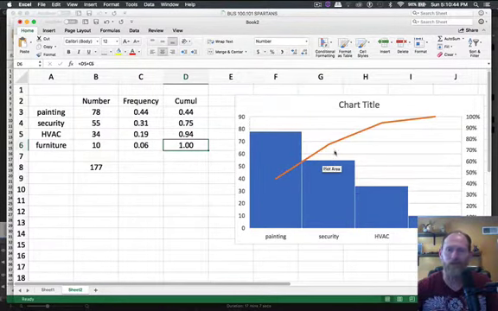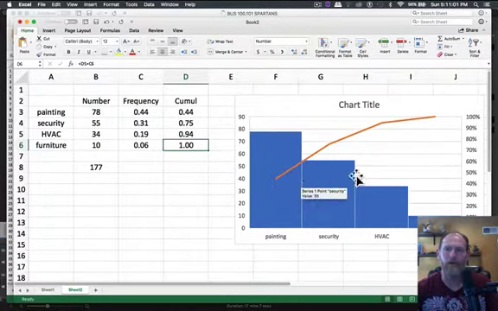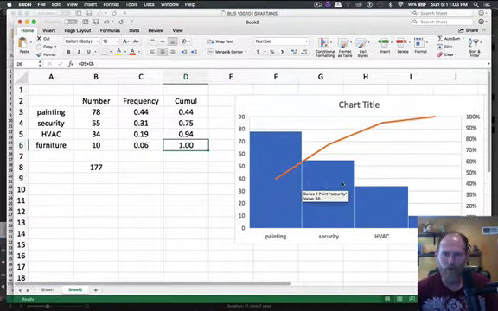So back to this orange line and this axis right here. This orange line is a cumulative percentage line. So when we look over where it appears in the painting column, if we trace this over, and this is where it's hard, we're looking at the relationship of this line versus this axis.